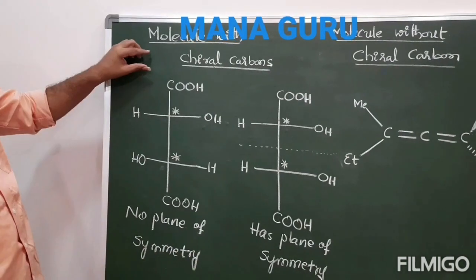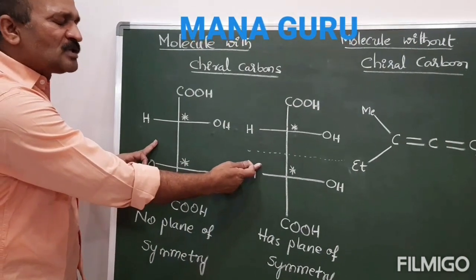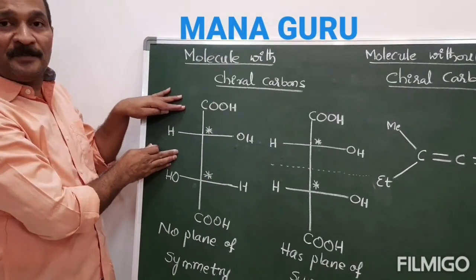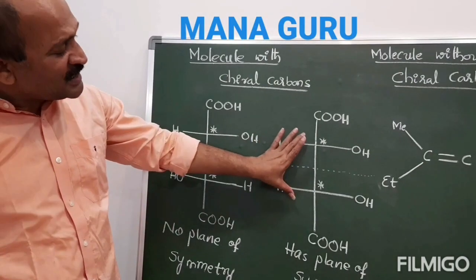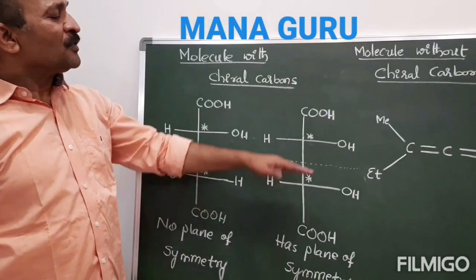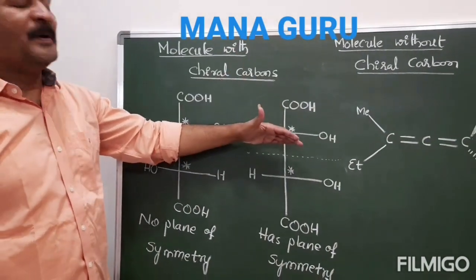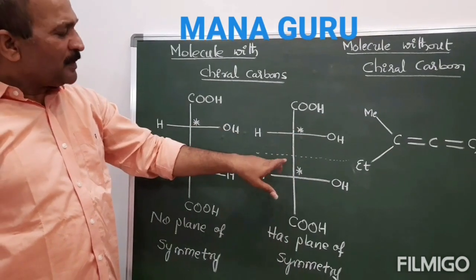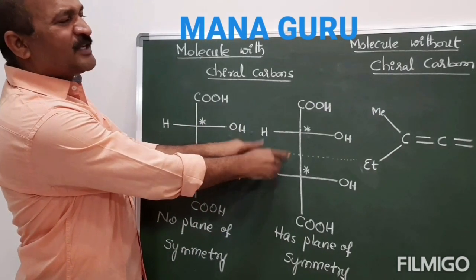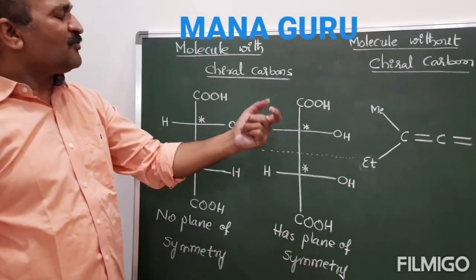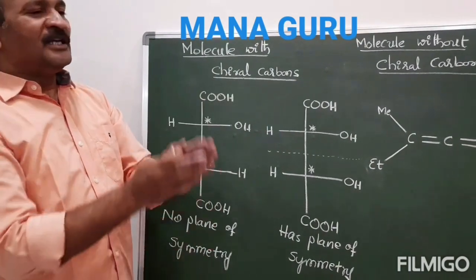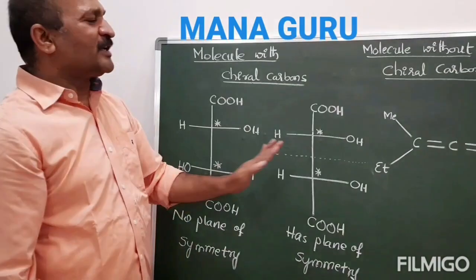My important point is that both molecules have chiral carbons, but this one exhibits optical isomerism, while this one, though it has two chiral carbon atoms, does not, due to the presence of a plane of symmetry. The criteria for exhibition of optical activity is lack of plane of symmetry. If a plane of symmetry is there, it does not exhibit.